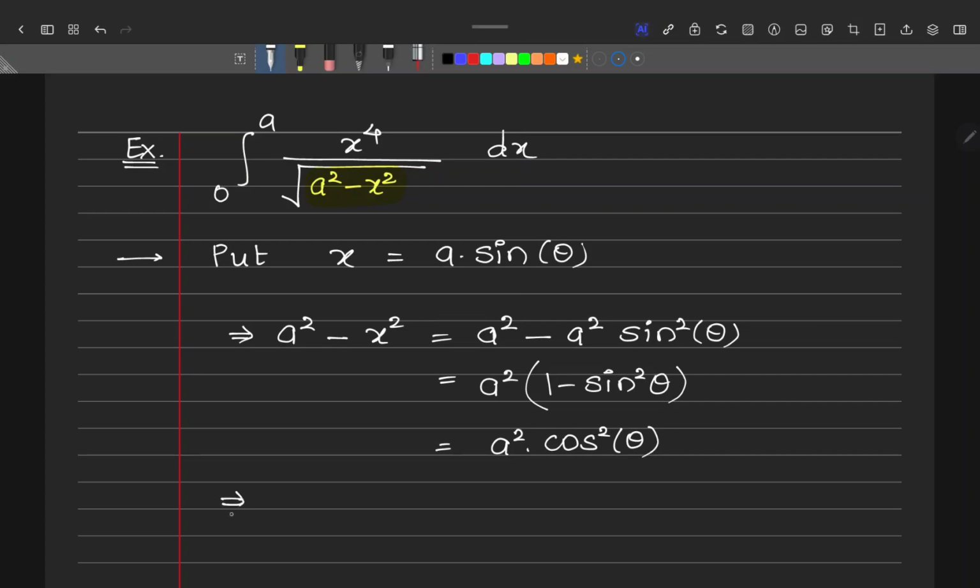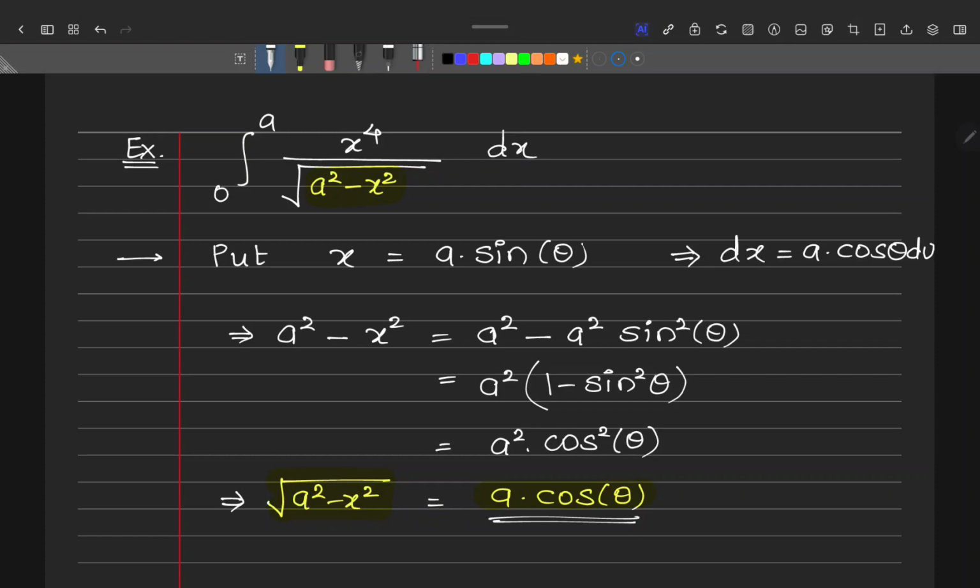So this implies the value of square root of a square minus x square is a cos theta. So we use this substitution in the denominator, and for this x, the value of dx will be a cos theta d theta.